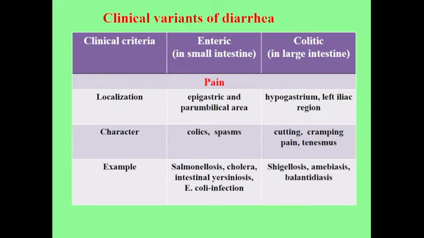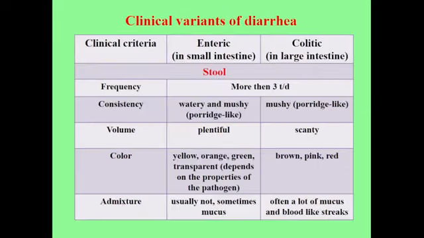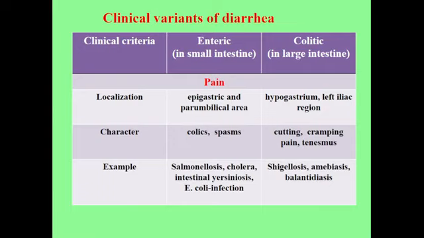But cholera is not so typical because, again, in cholera the stool is usually watery like water, transparent color, but pain in cholera is absent at all. Maybe some discomfort in the abdomen, maybe some mild pains or discomfort in the epigastric area due to vomiting, but again, colic, spasm, and pain in the paraumbilical area in cholera is not typical.